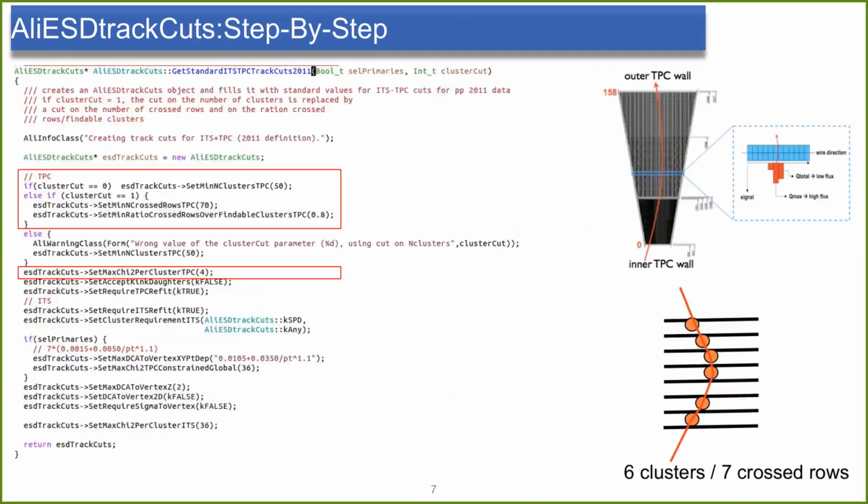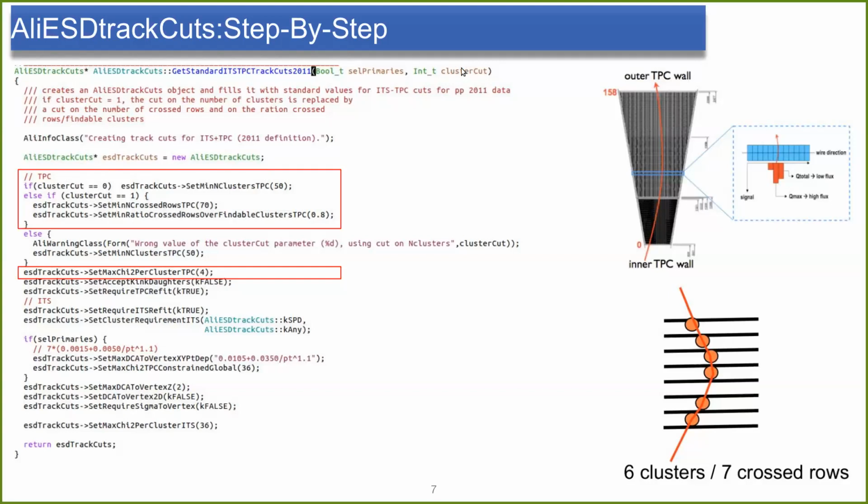Now let's go to the different kinds of track selection that we have in this standard ITS TPC 2011 cut. I will go one by one. The first set of cuts is related to the TPC, which I have just highlighted here. As I mentioned in my earlier slide, the second argument tells us if we are going to use the cluster cut or the crossed rows cut.